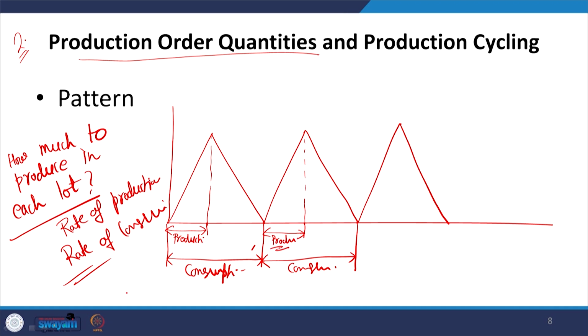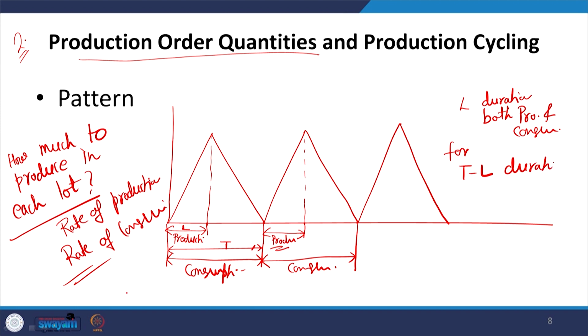So, if this total cycle is of T period, out of T, let us say this is L. So, for L duration, both production and consumption is going on, and for T minus L duration, only consumption is happening.